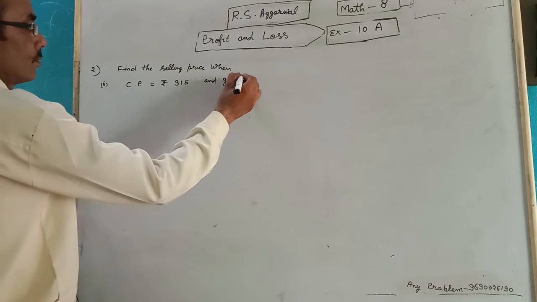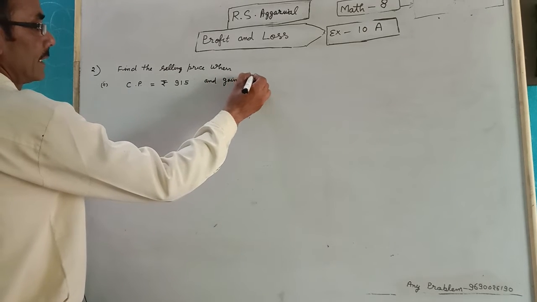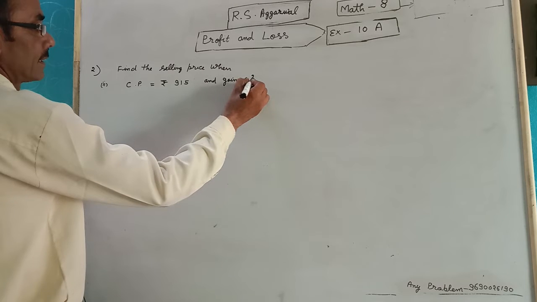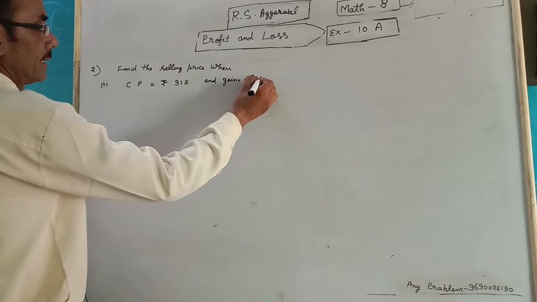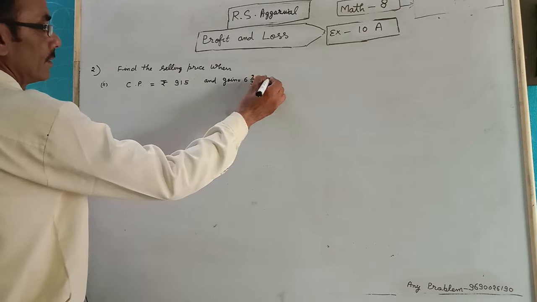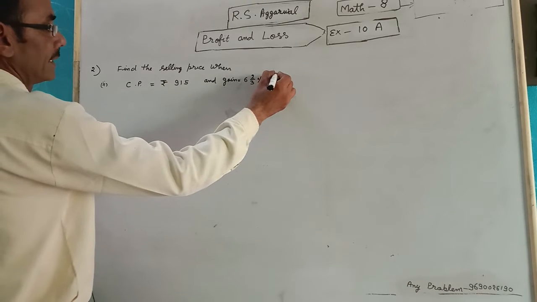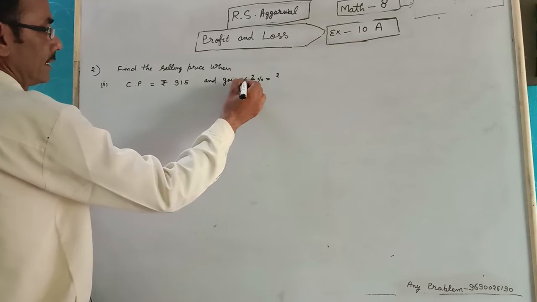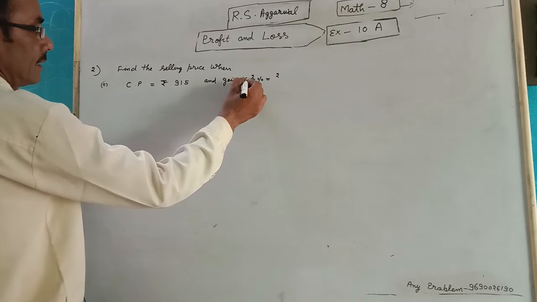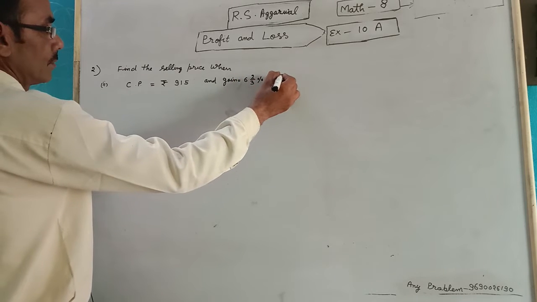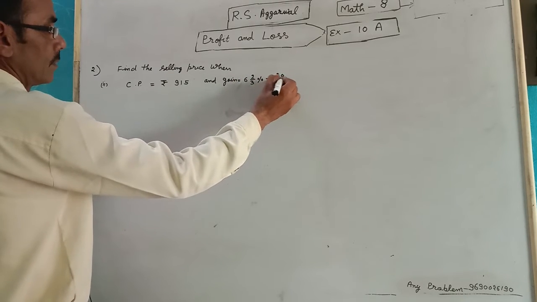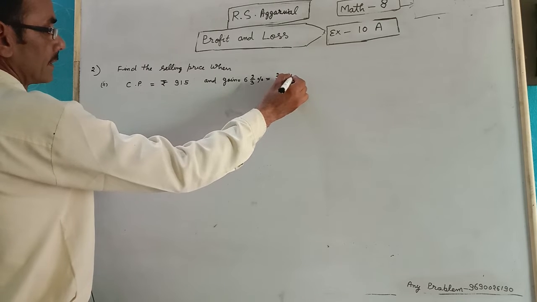Gain is equal to 6 whole 2 upon 3%. 6 3 ja 18 plus 2 is 20 upon 3%.